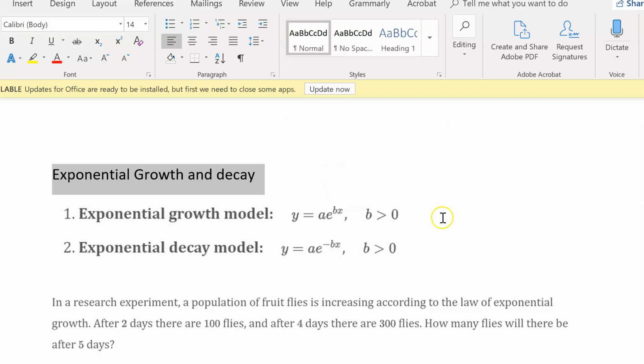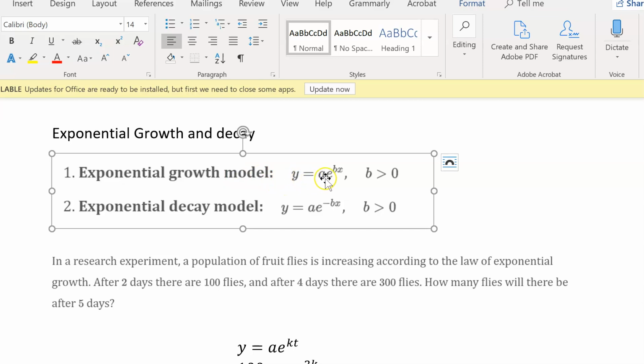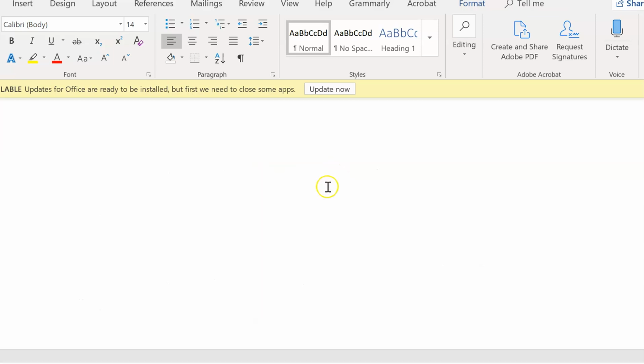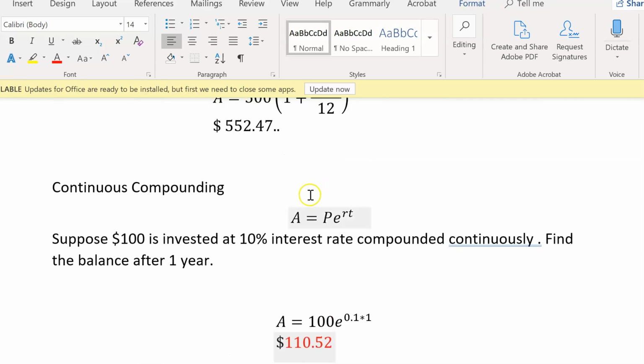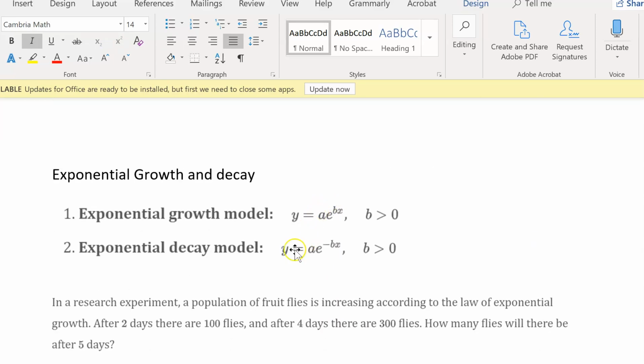And so we have two models. The growth model is y equals a times e to the bx, just like what we saw here, something times e to the rt. And the exponential decay is a times e to the negative bx. You know that the graph of this will be a decay graph, and the graph of the other will be an increasing graph, and we already did that in 5.1.